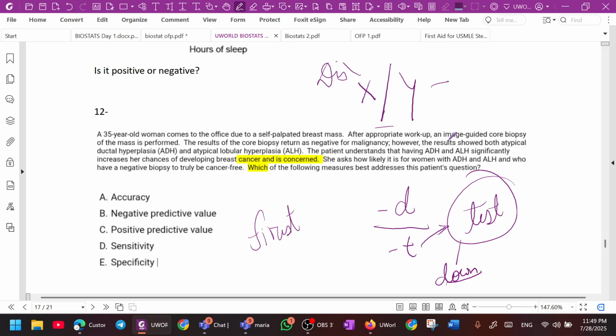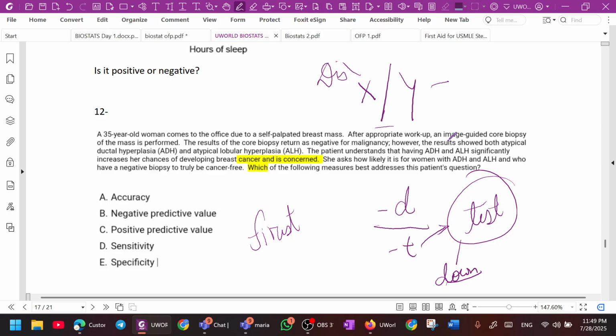So test should be below, in the denominator, and the cancer, the disease, should be in the numerator. That's how we should proceed because of this question.